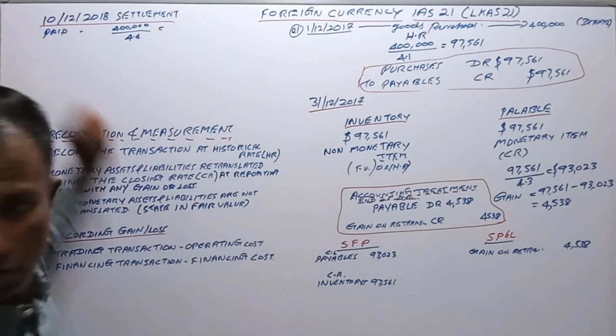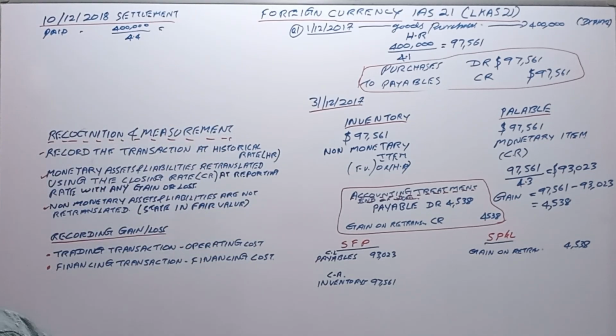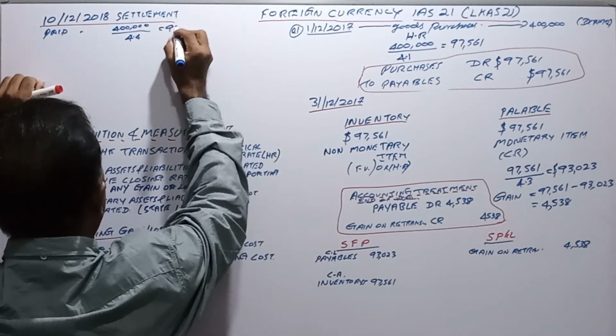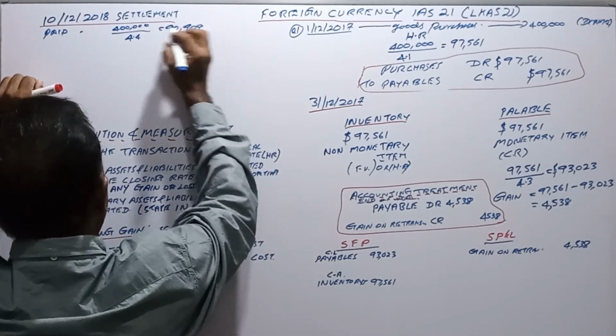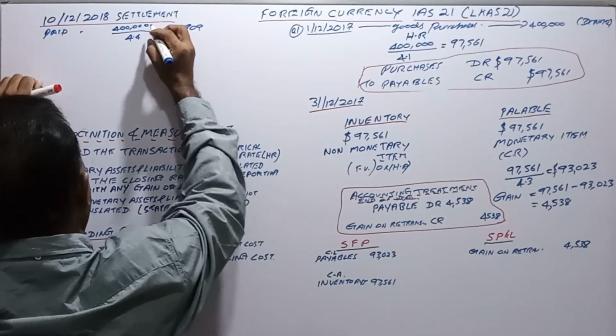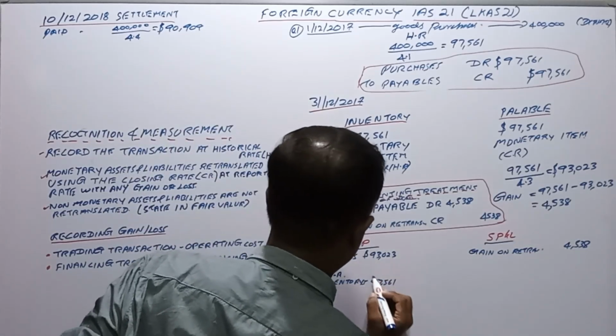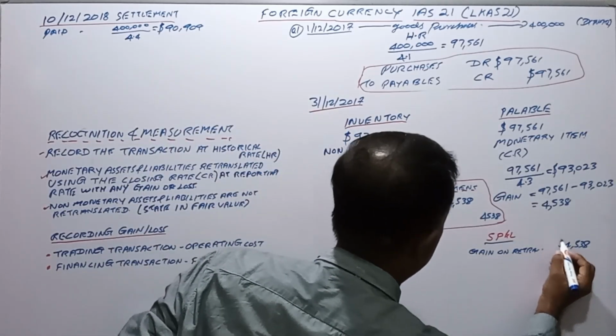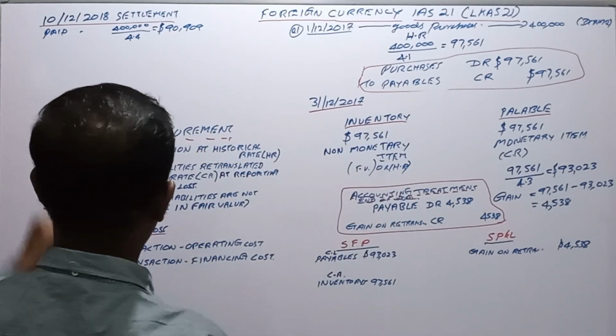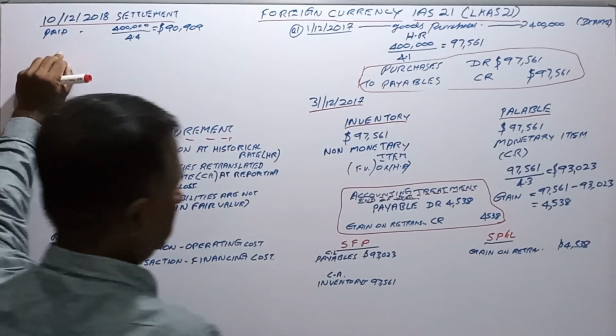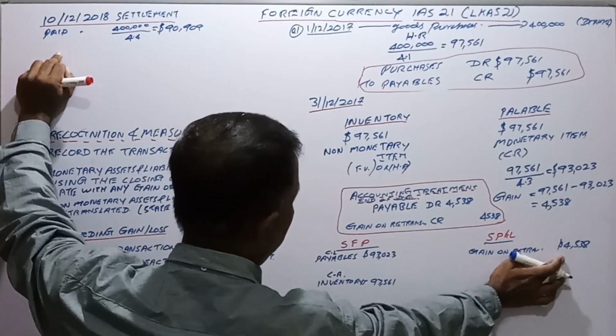That is equal to how much? 90,909 dollars, right? These all are in dollars. Okay, 909. So in the financial statement, payable we have mentioned 93,029, no?